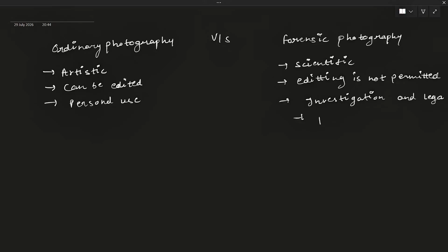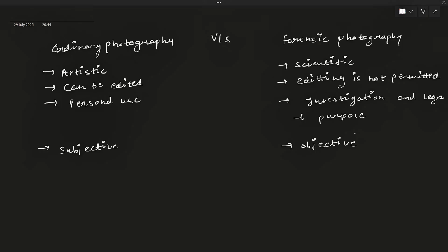It is completely subjective, whereas here it is objective. So the comparison is very important.